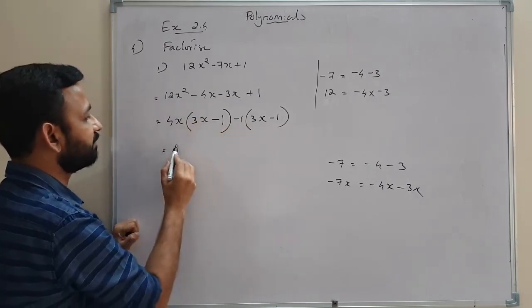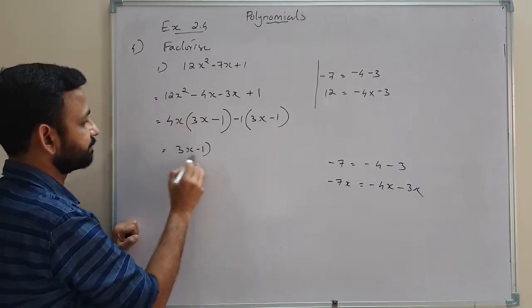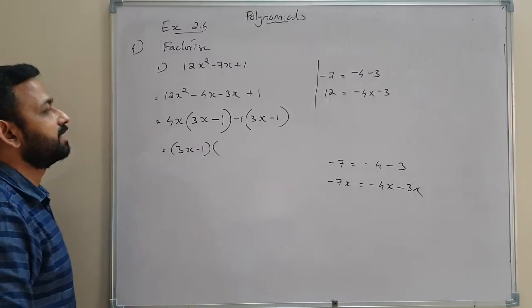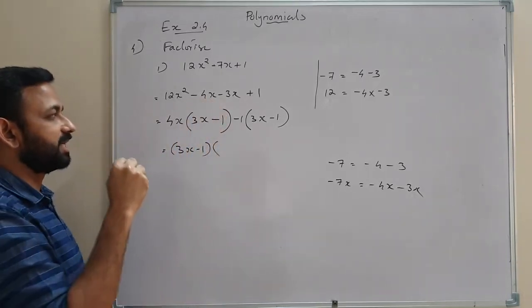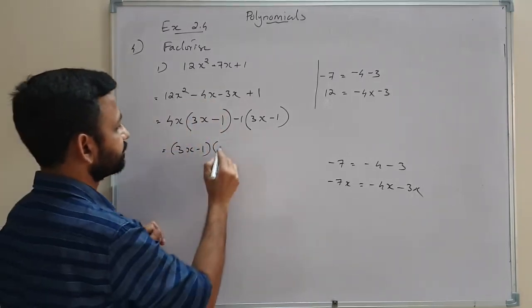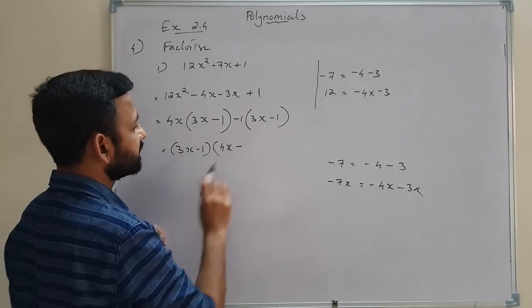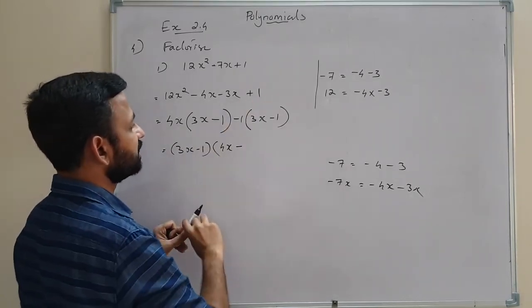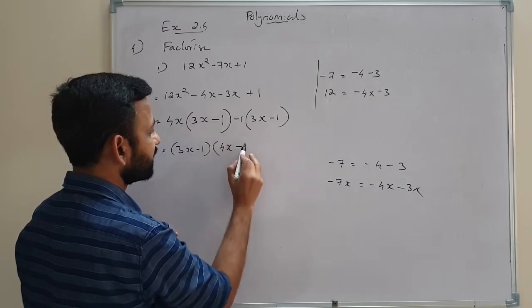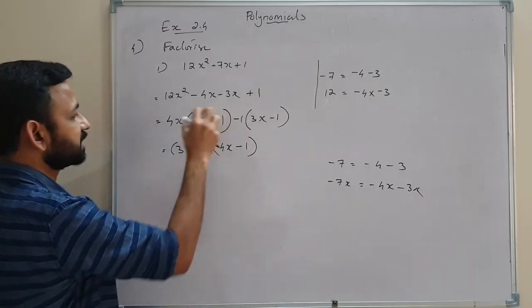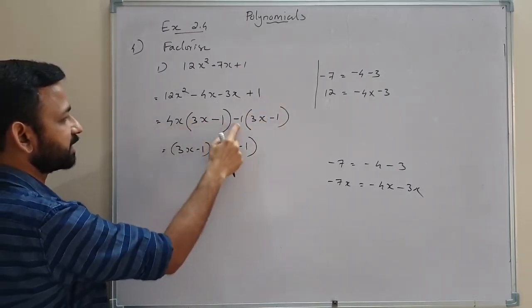That 3x minus 1 we will take common. Taking 3x minus 1 outside, 4x remains. Minus, again with 3x minus 1 outside, minus 1 remains. So 3x minus 1 outside, and 4x minus 1 here.